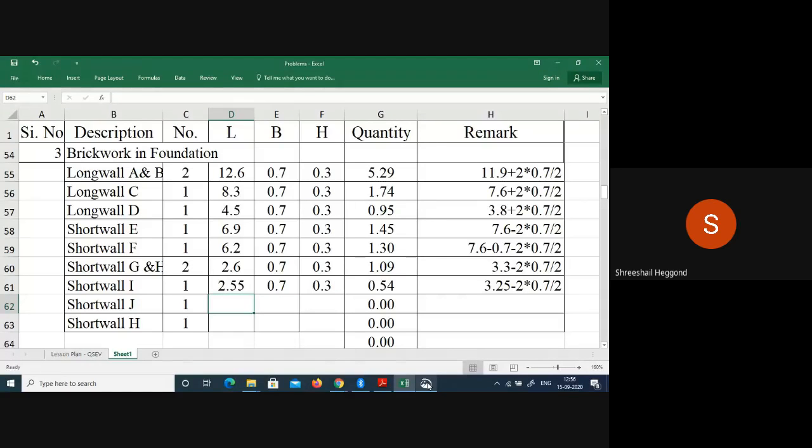Next, for short wall J is also 2.55 length because it will be the same. And the H wall is center to center length 4.3, minus in between 1 deduction, minus both the sides half of wall thickness. That will be 2 into 0.7 divided by 2. Means 4.3 minus 1.4. That will be 2.9.